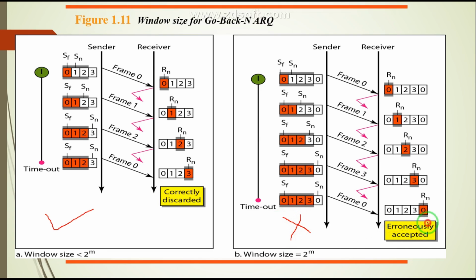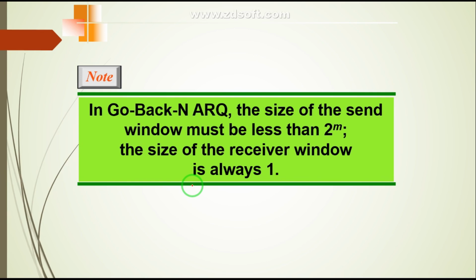Otherwise the receiver would accept the data as new, but it was duplicate data, which it should correctly discard. So in Go Back N ARQ, the size of the send window must be less than 2 raised to m, and the size of the receiver window is always 1.